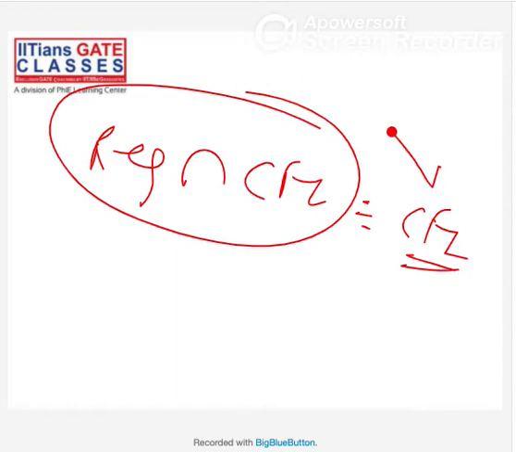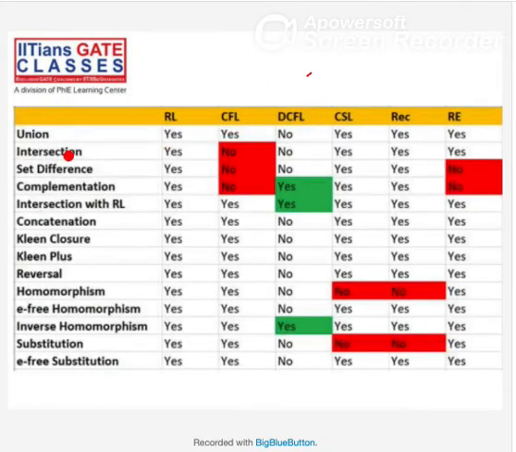So the set of CFLs are closed under intersection with a regular language. If you have a CFL and you intersect it with some regular language, then the result will also be a CFL. This is the meaning of intersection with regular language.